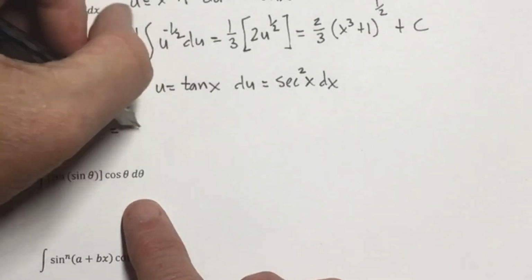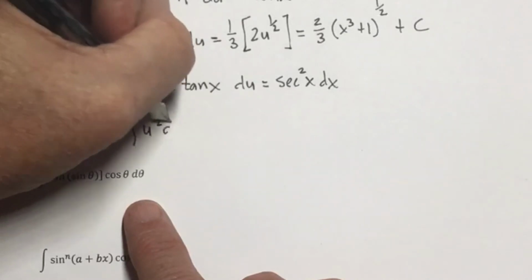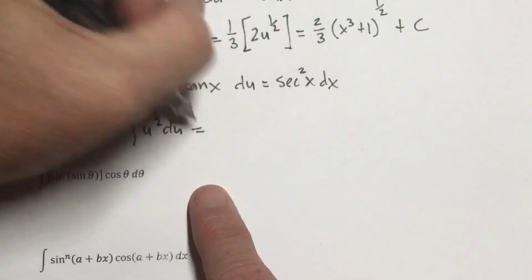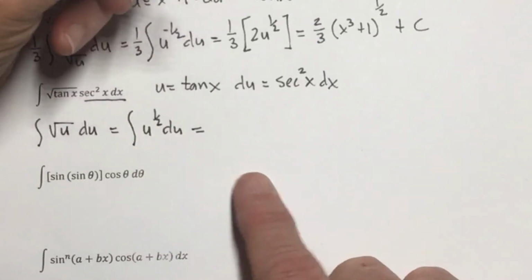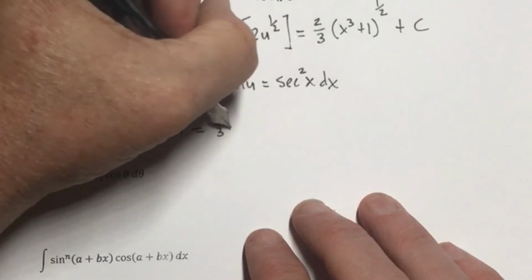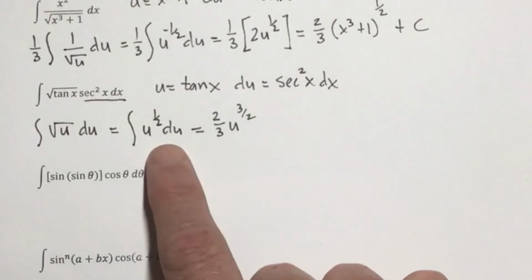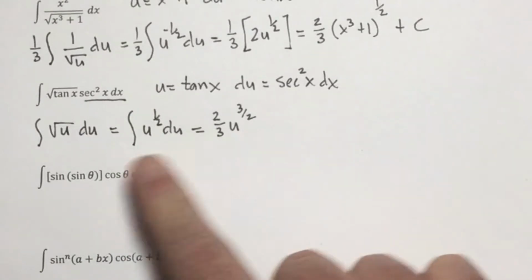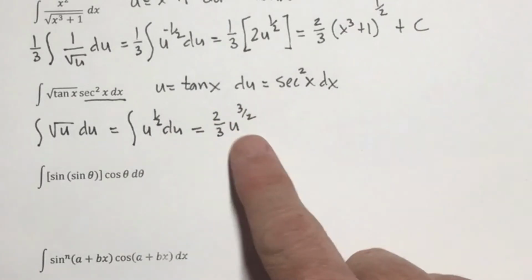All right, well, if you like, we can write that as u to the 1/2 du, and you know how to integrate that, right? We add 1, that'll get us up to 3/2, so I've got to counteract that, so this becomes 2/3 u to the 3/2. And again, you can double check that. If I take the derivative of this, I should get u to the 1/2. I do. 3/2 times 2/3 is 1.